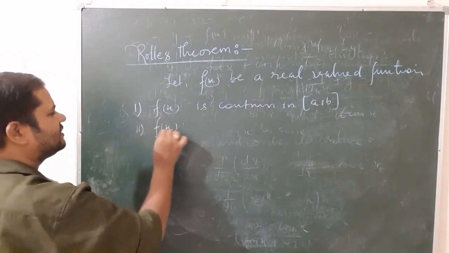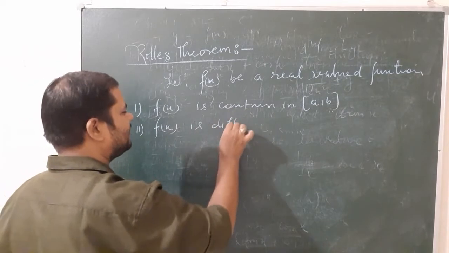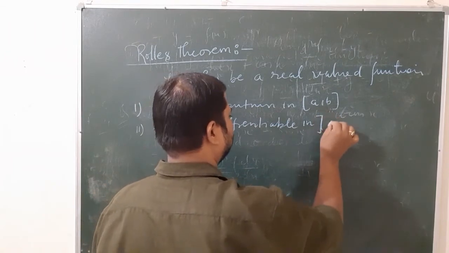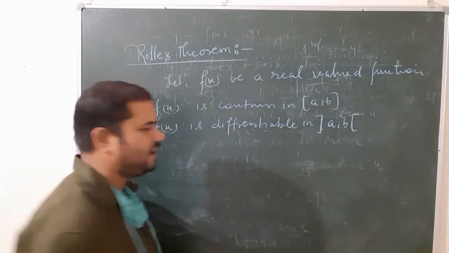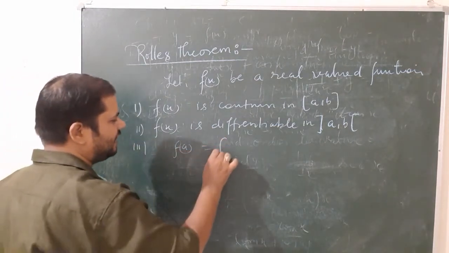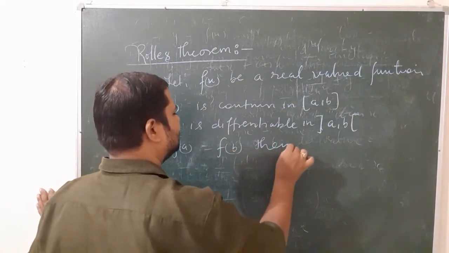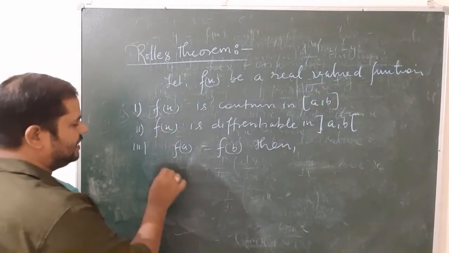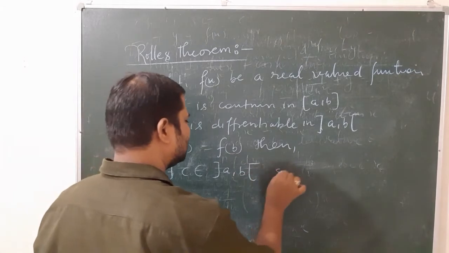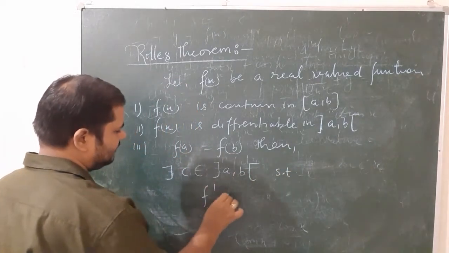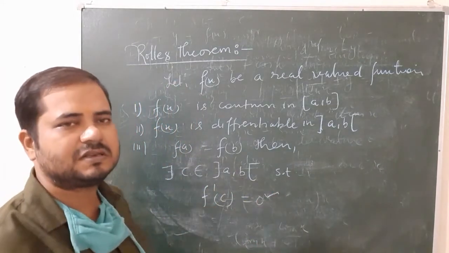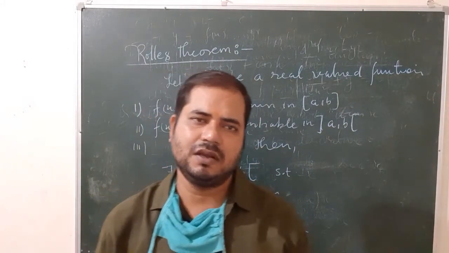Second, f(x) is differentiable in the open interval (a, b). And third condition is f(a) is equal to f(b). Then there exists c belonging to the open interval (a, b) such that f dash c is equal to 0. This is the statement of Rolle's theorem.